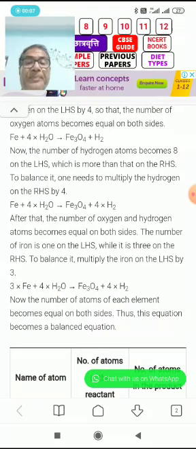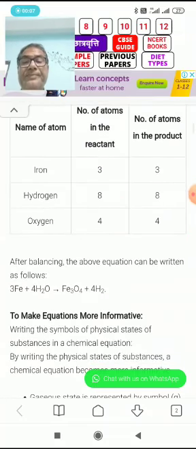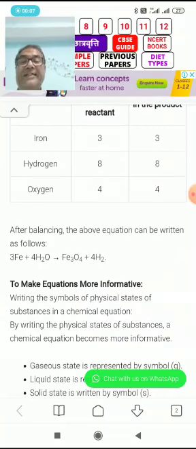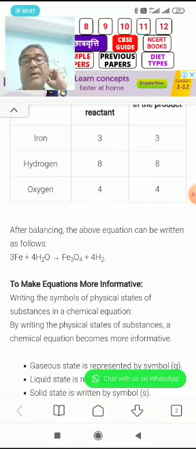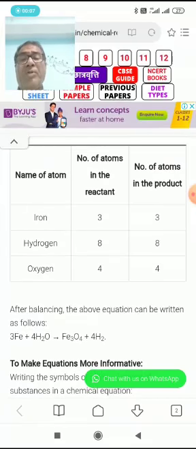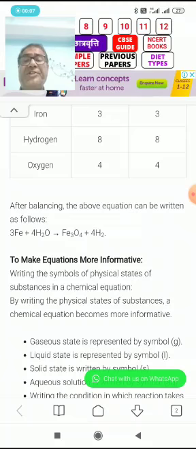Thus this equation becomes a balanced equation. After balancing, we can write it like this, as you are watching here. So you should practice more and more to balance chemical equations from different sources.